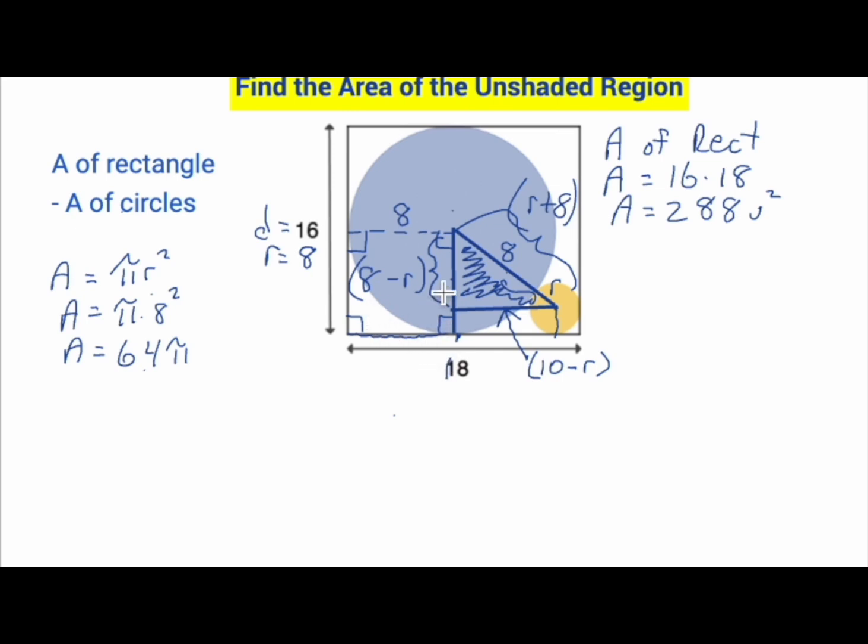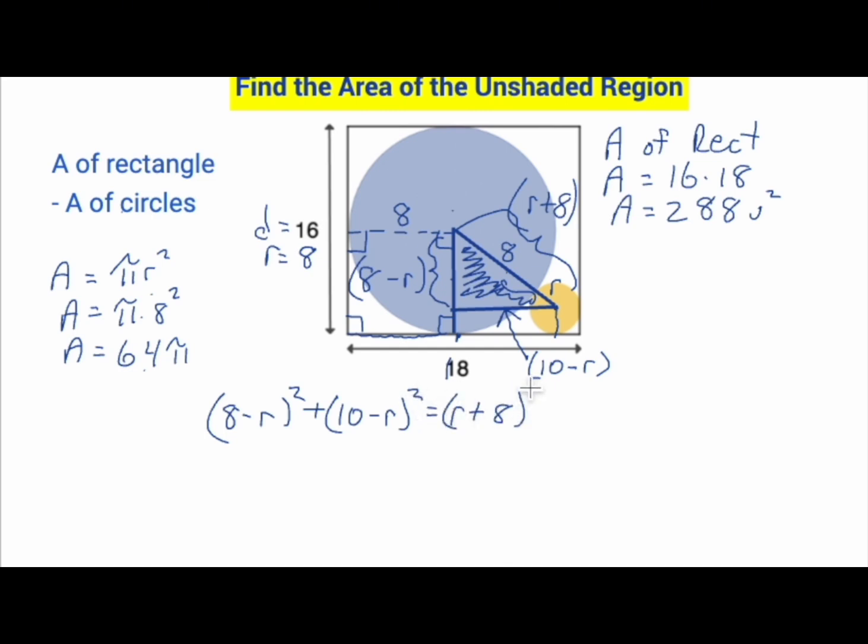I cleaned it up a little bit, and now we're going to write the Pythagorean Theorem using the three sides of the right triangle. (8 minus r) squared plus (10 minus r) squared equals (r plus 8) squared.